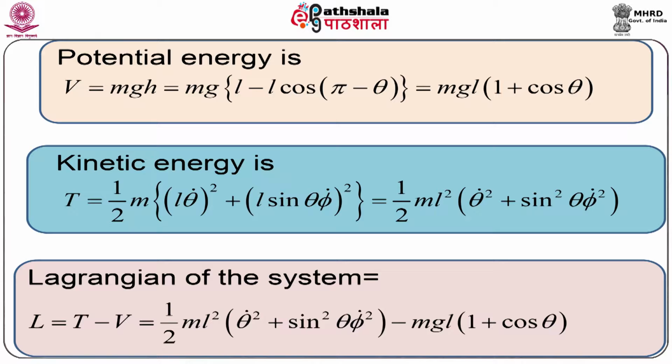Now, Lagrangian of the system is given by L equal to the difference between the kinetic energy and potential energy in a holonomic dynamical system. So, here L equal to T minus V equal to half m L square into theta dot square plus sin square theta phi dot square minus m g L into 1 plus cos theta.